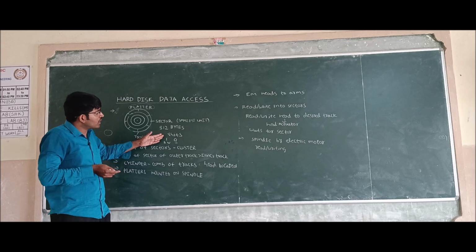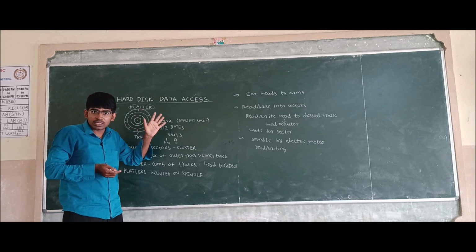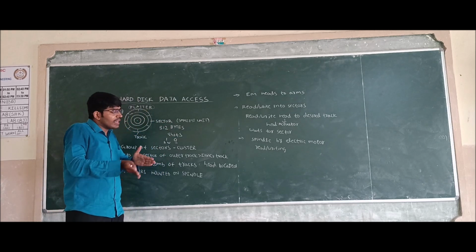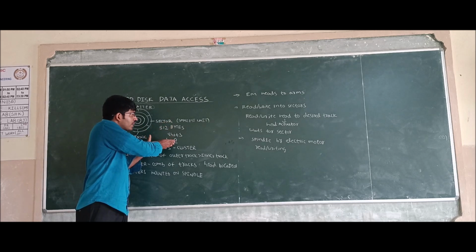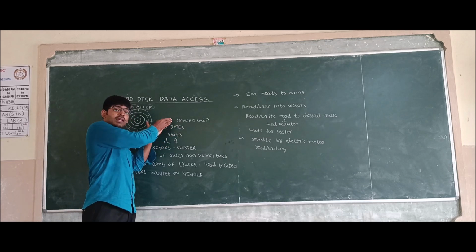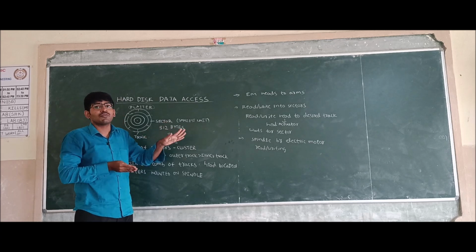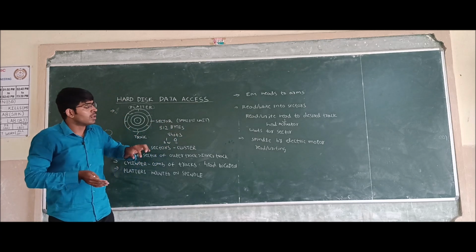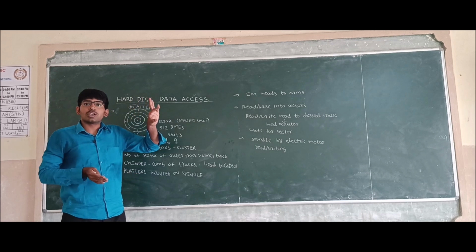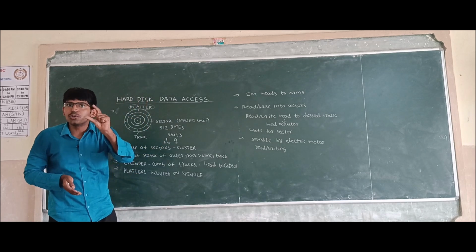That's how the information is stored. But how are you saying 512 bytes? The equivalent electric information of this magnetic information, we are saying as 512 bytes. So each sector can store that much information. It is the smallest unit.